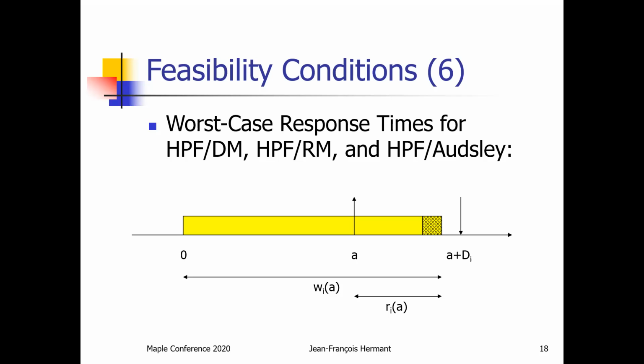Here we have an activation request for a task τi at a time A. We compute the busy period during which the processor is busy scheduling all the tasks with a priority greater than or equal to that of task τi. Task τi completes its execution at the end of the busy period. Hence, we are able to compute its worst case response time and to check if it completes its execution before its deadline.